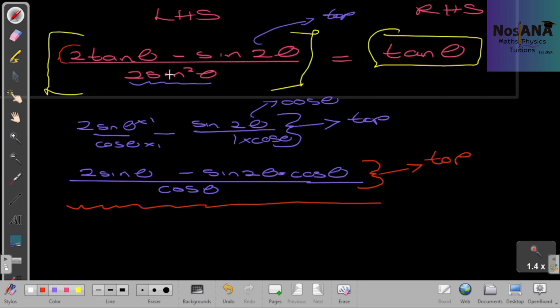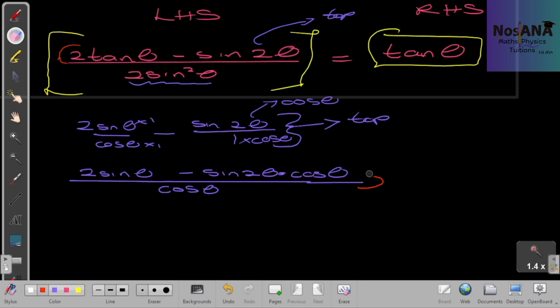But now remember, it is also being divided by another fraction, which I'm going to write. Let me also erase this because you guys have already seen this. That was just to show you that that's the top part.